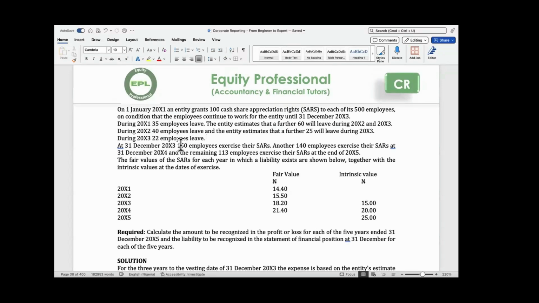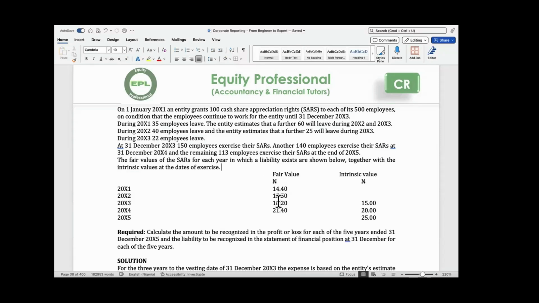At December 2003, 150 employees exercise their SAR, share appreciation rights. Another 140 employees exercise their SAR at the 1st December 2004, and the remaining 113 employees exercise their SAR at the end of 2005. The fair value of the SARs for each year in which the liability exists are shown below, together with the intrinsic value at date of exercise.